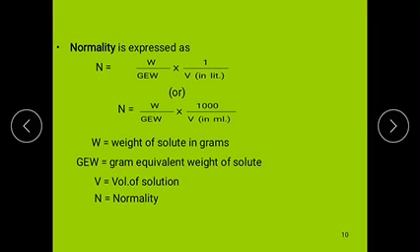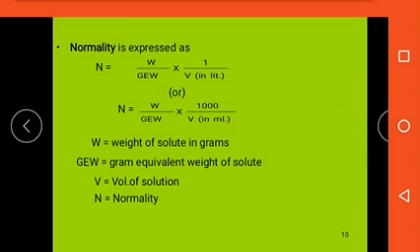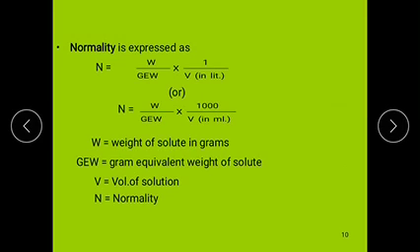If the volume is in milliliters, then it is W by GeW into 1000 by V in milliliters. W is the weight of the solute in grams, GeW is the gram equivalent weight of the solute, capital N is the normality, and V is the volume of the solution.